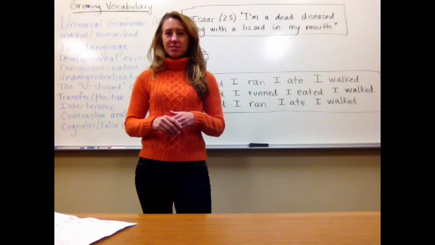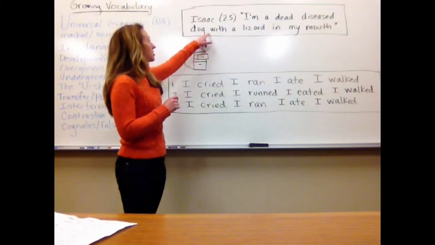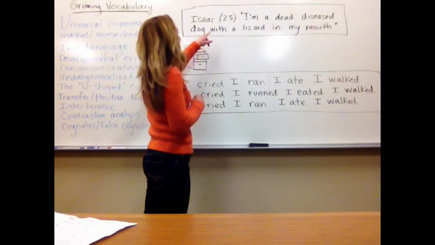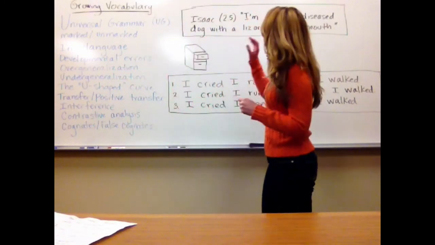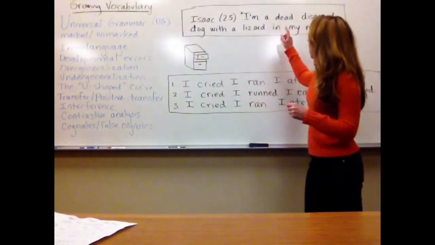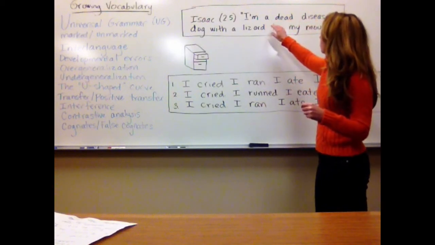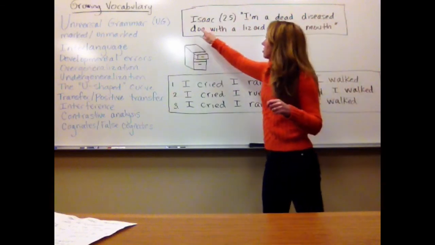Does that make sense? So if you take the idea of universal grammar and we go back to Isaac's quote, "I'm a dead, diseased dog with a lizard in my mouth," then what we know is that Isaac had taken in a lot of information about, for example, how we create a clause like a dead, diseased dog.